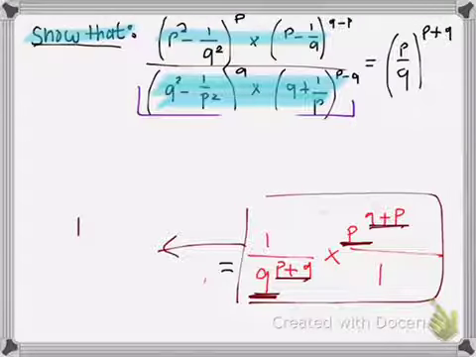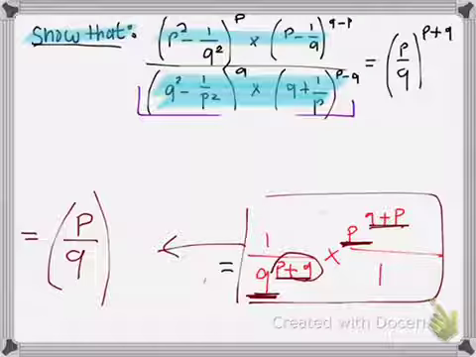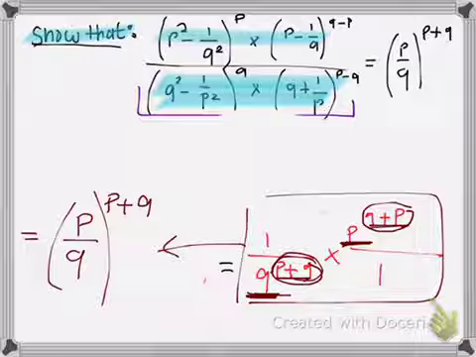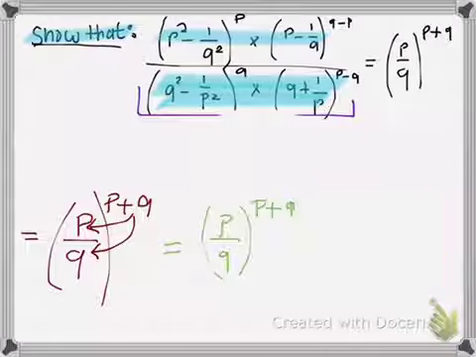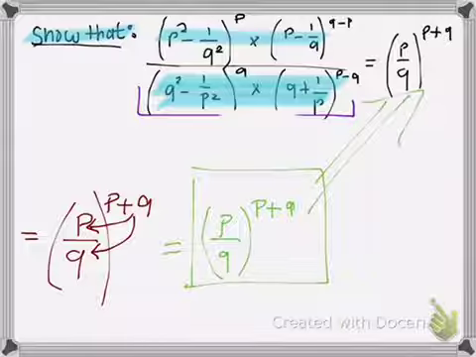Although they've got different bases, they've got the same power, which is p plus q, so I'll represent it as a whole to the power p plus q, such that on distributing, p also gets the power p plus q, and q also gets the power p plus q, which is equivalent to this expression. So yes, this is what we had to solve according to our question, and we're done.